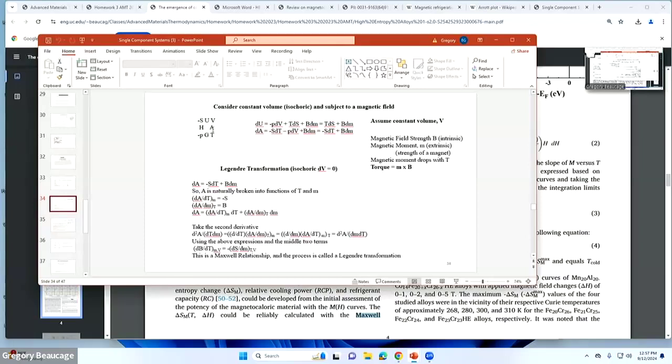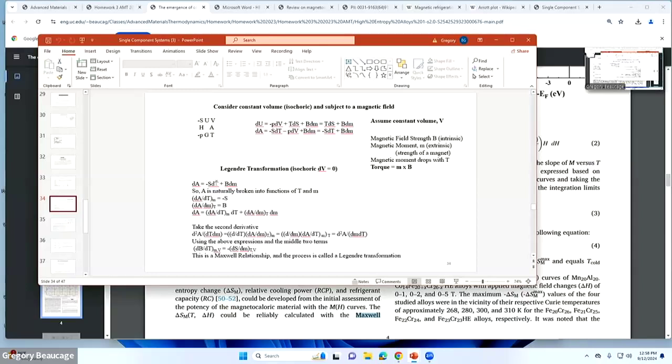Or if you use the Helmholtz free energy, it's minus SdT, which is that same term, then minus PdV, and then you say it's a constant volume, so you get rid of the PdV part. Then in either case, you're going to get minus SdT as a term.